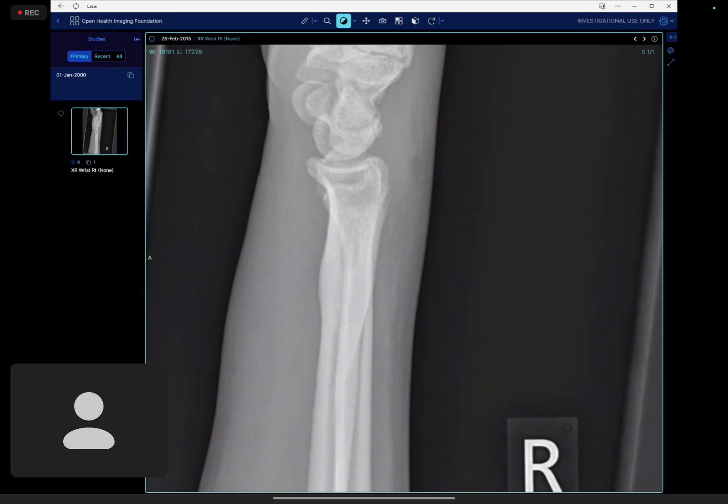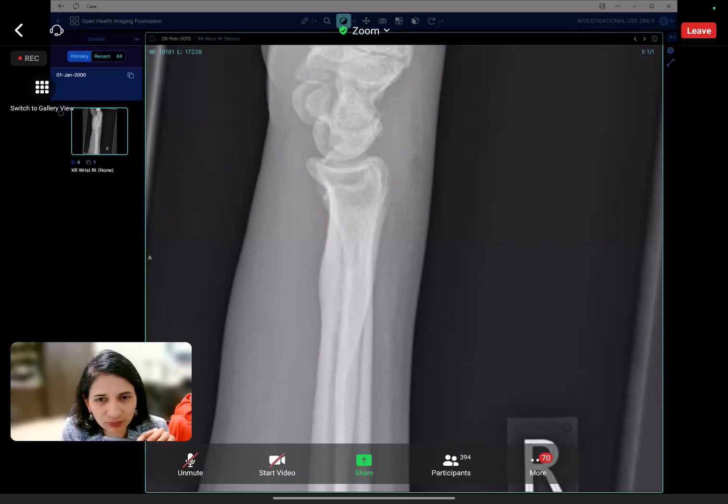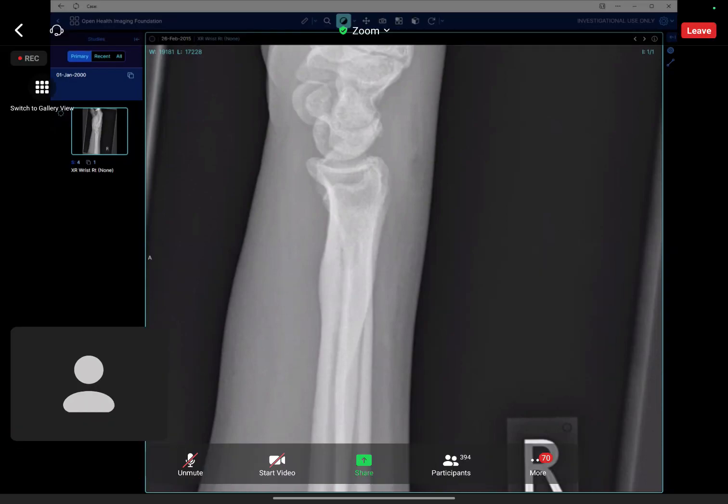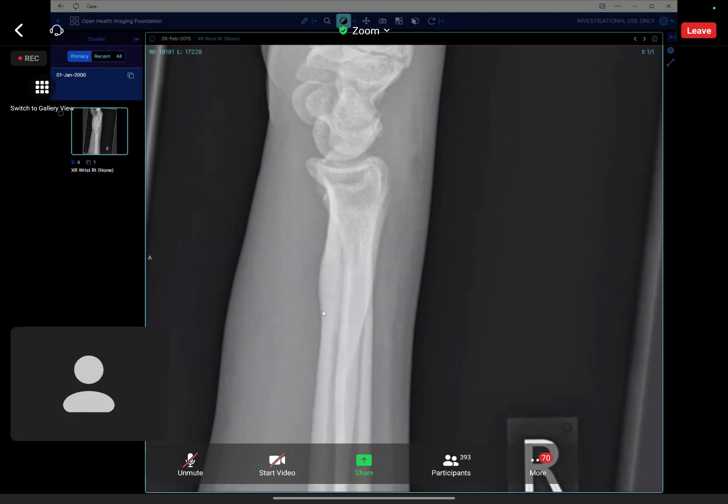If the patient doesn't have any of these symptoms, then because it's a skeletally mature patient, metastatic deposit would be the first differential in this case.